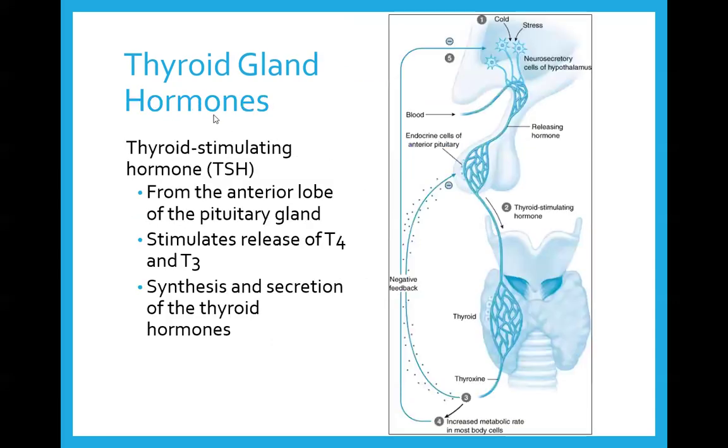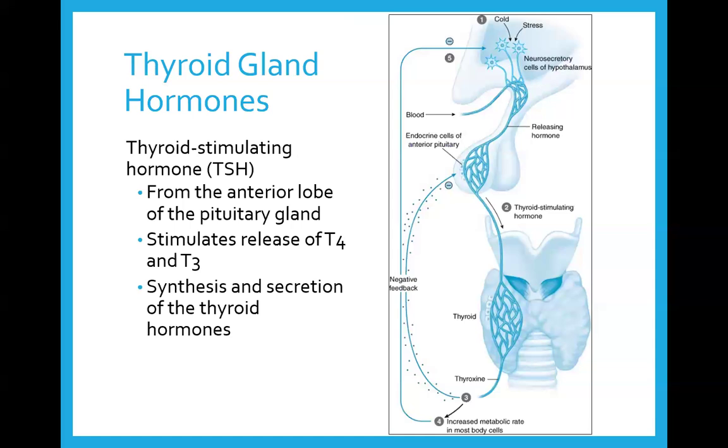Thyroid gland hormones: way up in the hypothalamus and also the pituitary gland, thyroid stimulating hormone, or TSH, is released, and that stimulates the thyroid to produce T4 and T3, right?